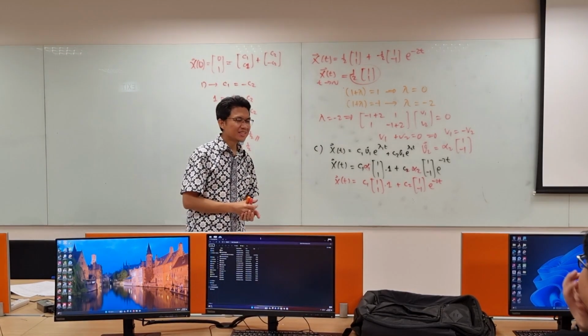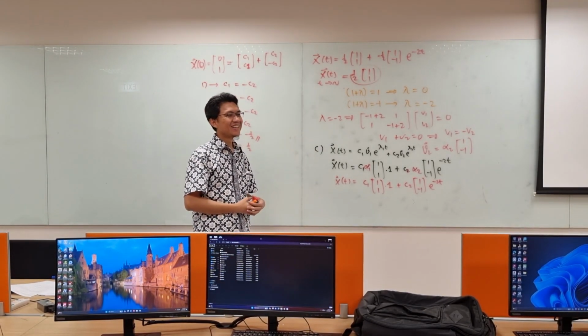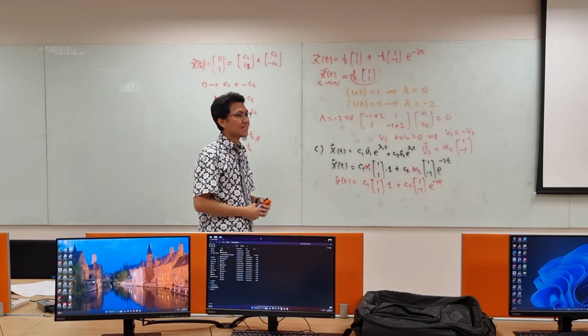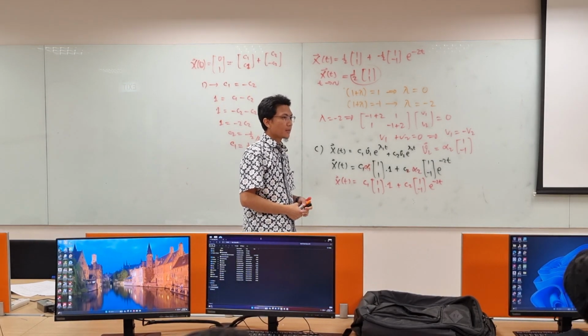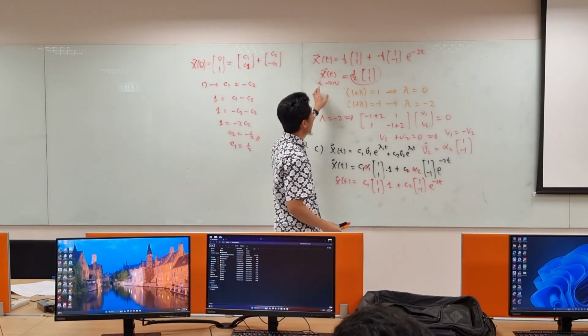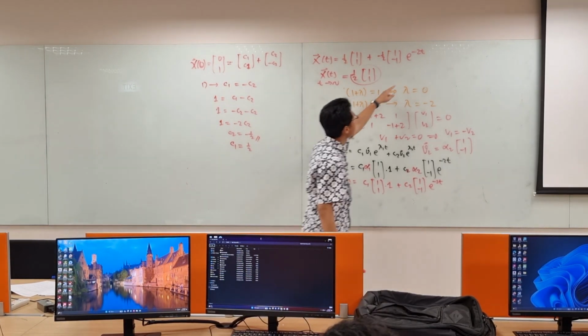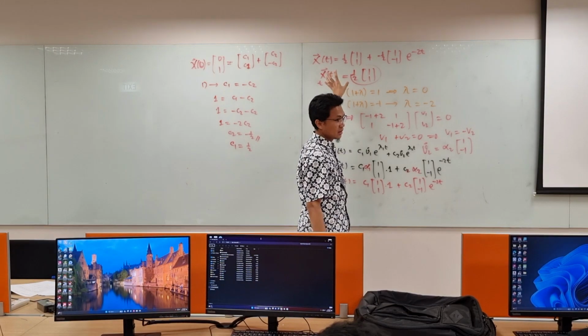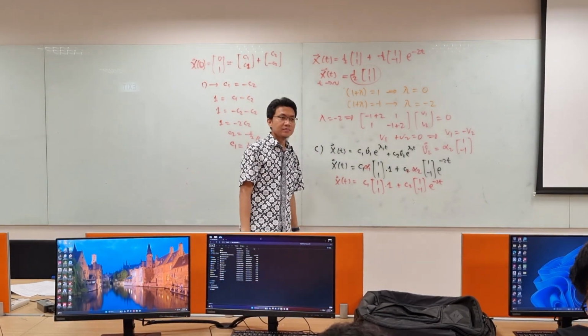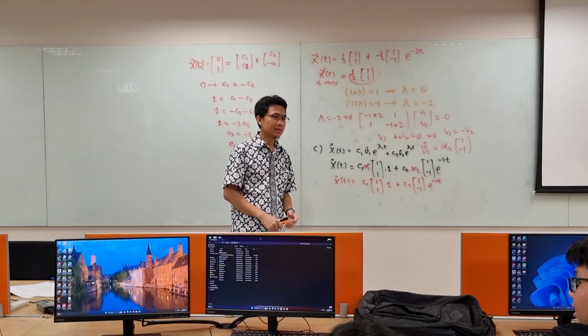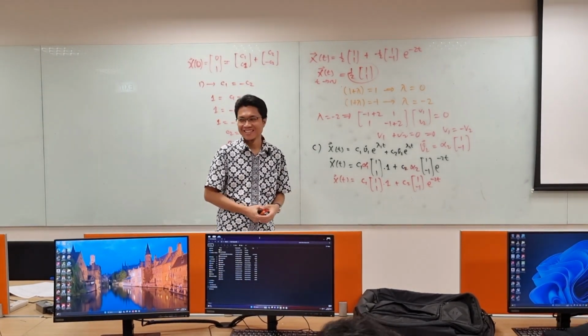Are you listening to me? If we are asked to find the steady state, you force t goes to infinity, then see what happens with the equation, and you just write that down. Yeah, he didn't listen. He went out.